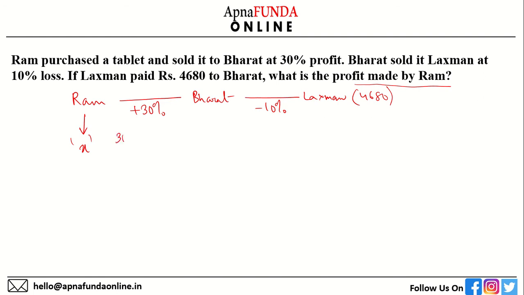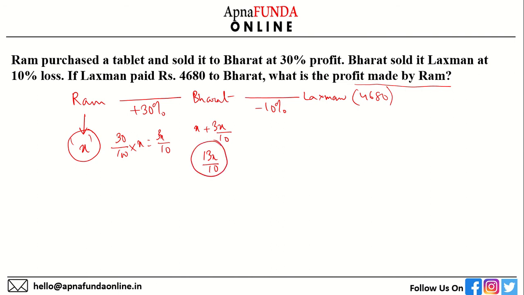So let's add 30% profit on X. So this is 3X by 10, correct? So the selling price for Ram, what I mean the cost price for Bharat, becomes X plus 3X by 10. So this is 13X by 10, correct? So we have the cost price for Ram, the selling price of Ram and the cost price for Bharat.